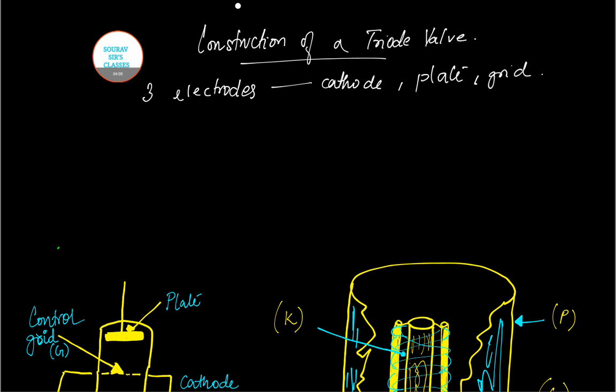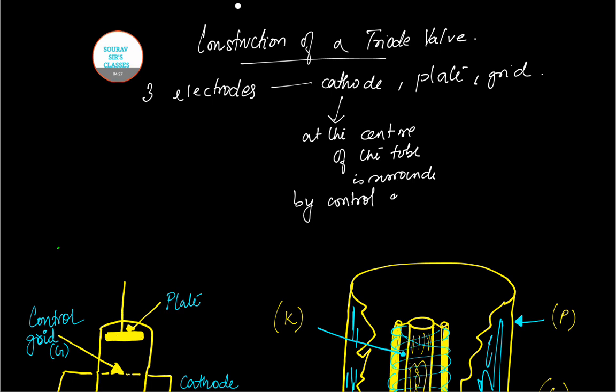Okay. The cathode is located at the center of the tube and is surrounded by the control grid, which is in turn surrounded by the plate.